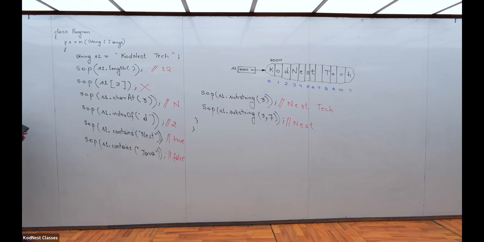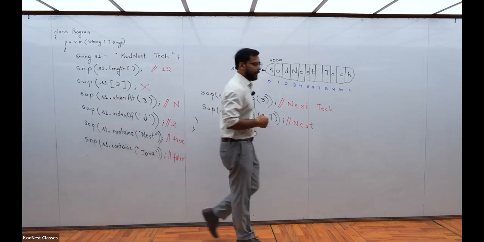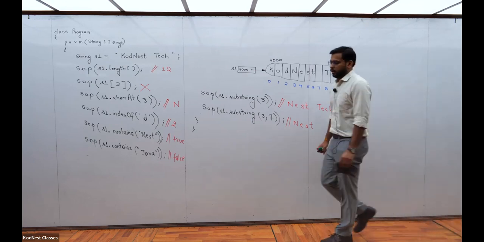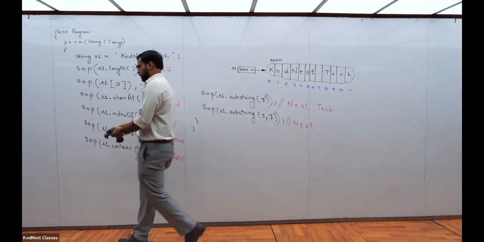Then copied, everyone. Next, take down the heading as the next subtopic, mutable strings. Mutable strings. Then there, take one definition.